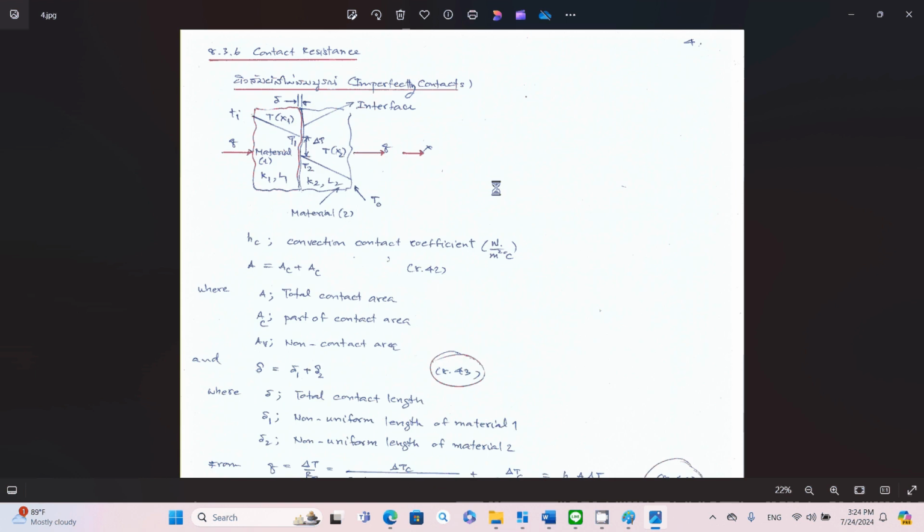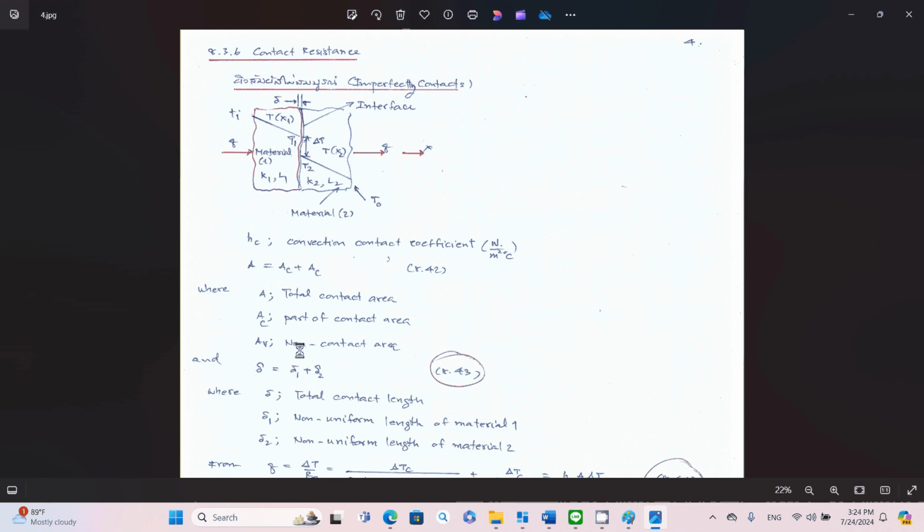For the total area, A is equal to, sorry, I put this one wrong. It's supposed to be AC plus AG. G stands for gap, or let's put a V, that's the void.